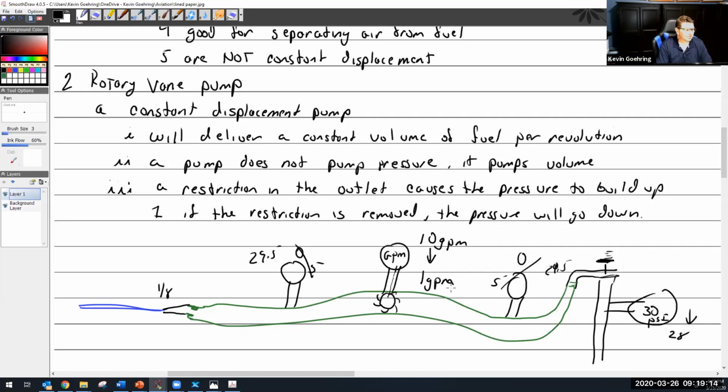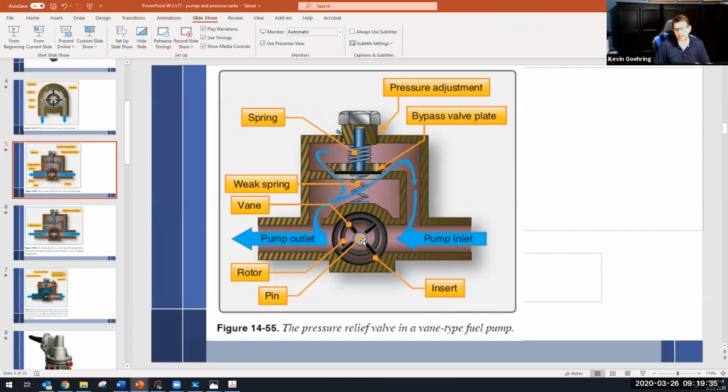But of course, you also have to keep in mind, we're talking about a constant displacement pump. The amount of fluid going around the pump itself remains constant per RPM, but how much is leaving is something completely different. So my point would be a pump pumps volume, not pressure. So if I go back and look at this pump right here, and I'm doing 100 RPM, but the pump outlet looks like that.